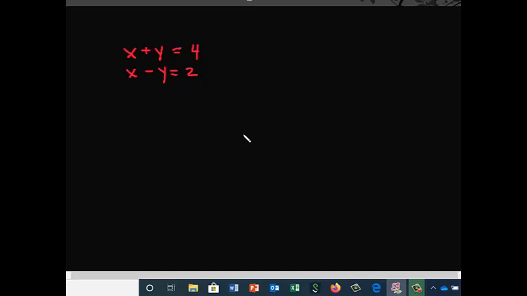Now, we can also determine if the equations are dependent or independent. If a system has infinitely many solutions, then the equations will be dependent.